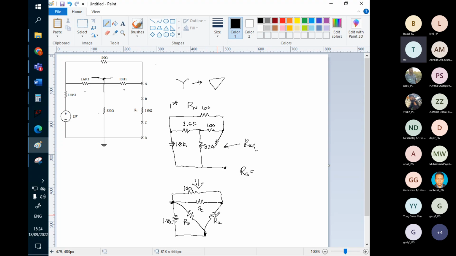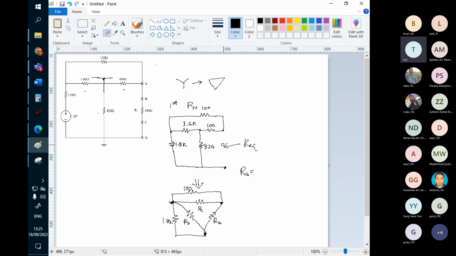From RA here, you look at the opposite side. Oh, I think let me do it the other way. I don't want to confuse anyone here. Let me do it another way.